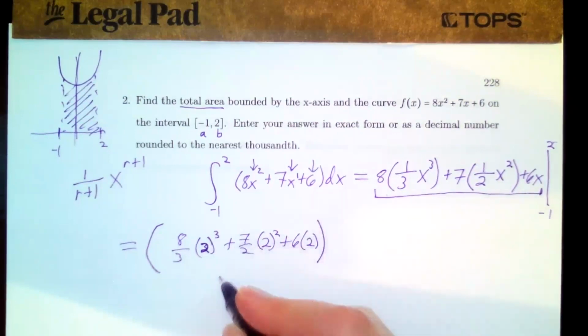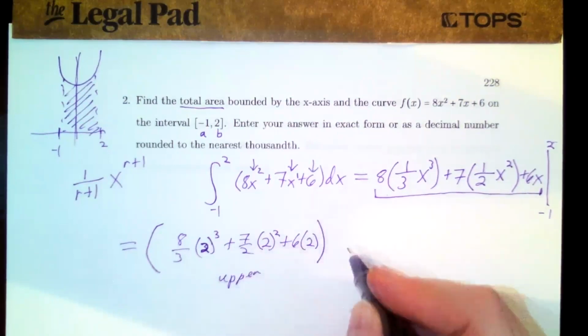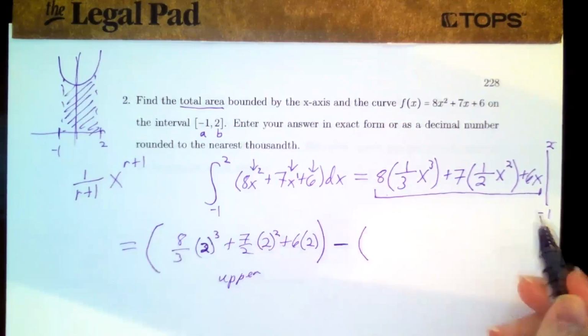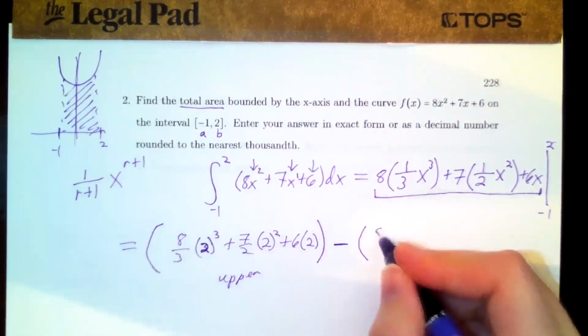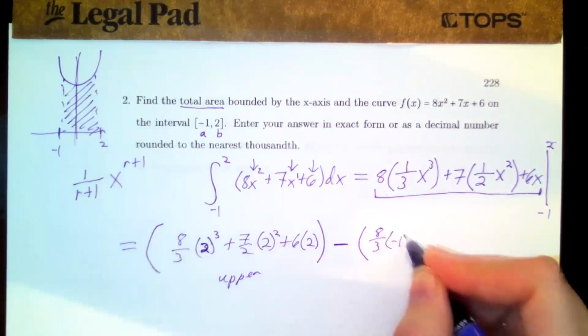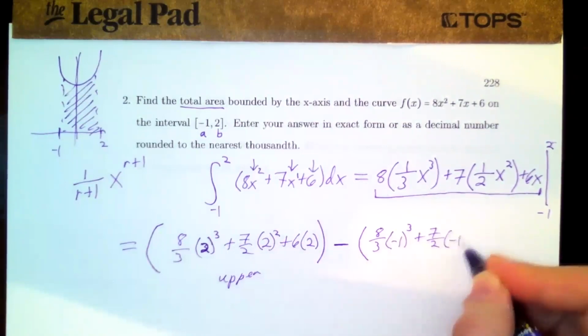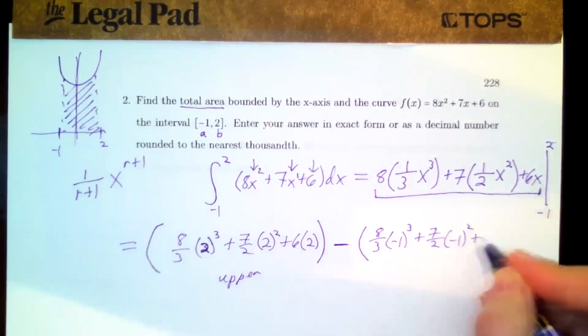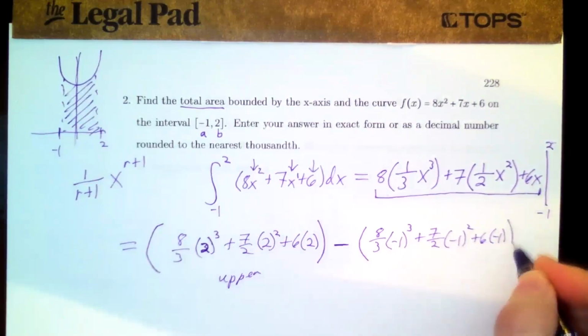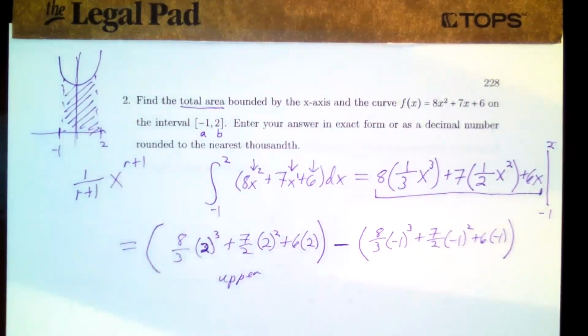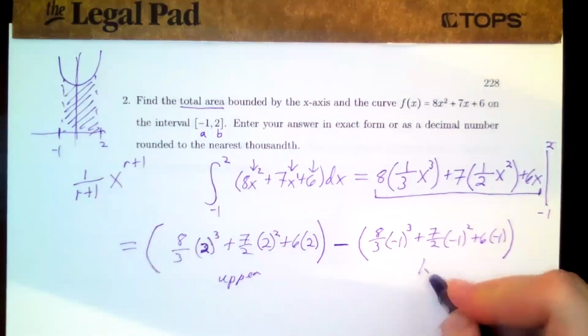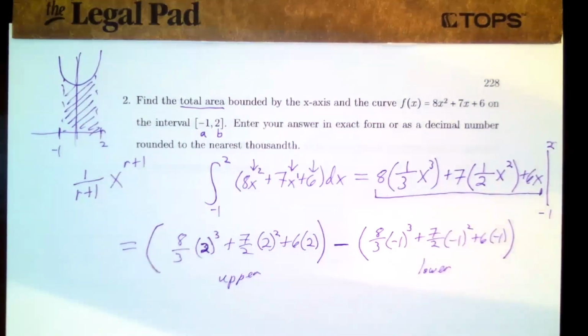That's the upper bound plugged in, minus what you get when you plug in the lower bound, -1. 8 thirds, -1 cubed, plus 7 halves, -1 squared, plus 6 times -1. Upper plugged in minus lower plugged in.